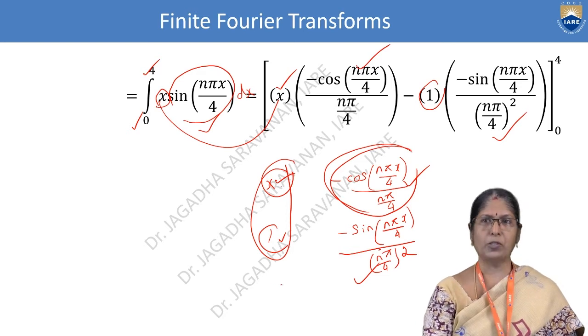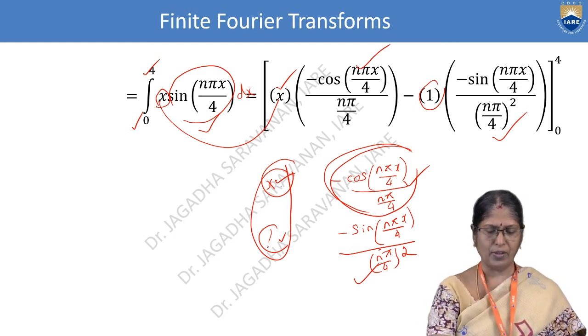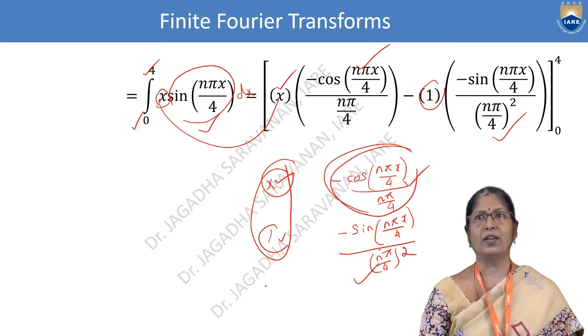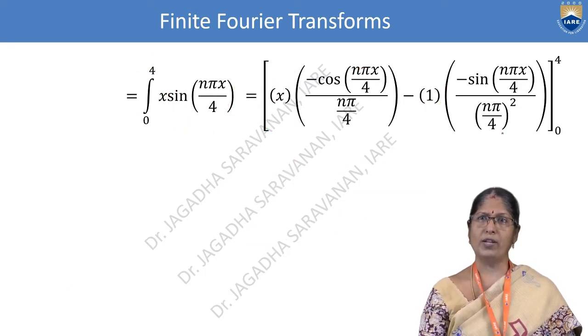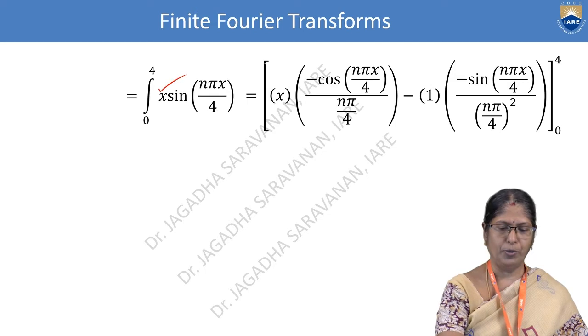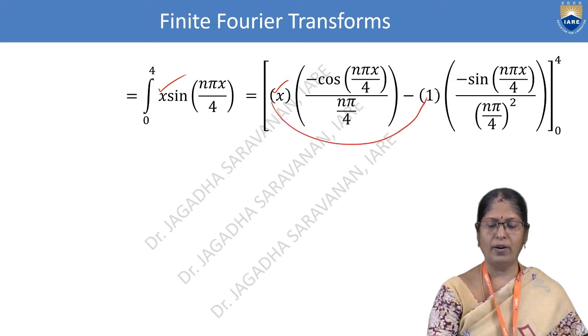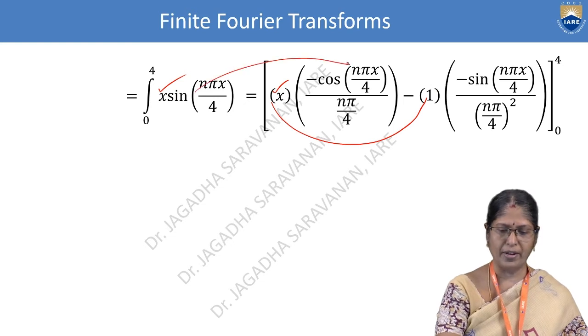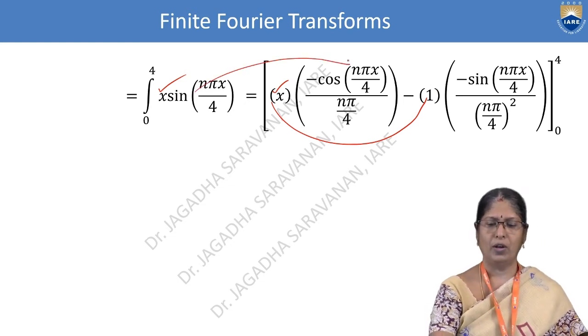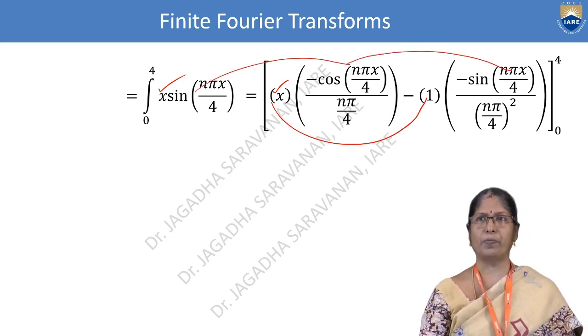I stopped this procedure because the differentiation of 1 is 0. After integrating, we can recheck whether we did it correctly or not. Algebraic part differentiated, correct. Trigonometric part integrated, and we continued the procedure.